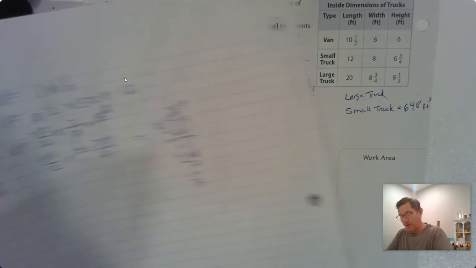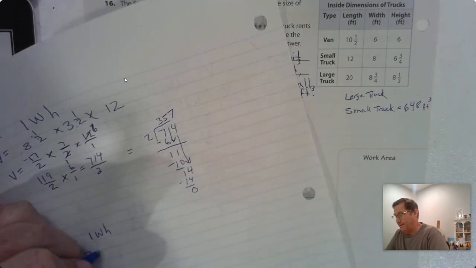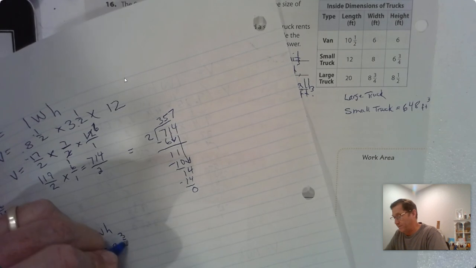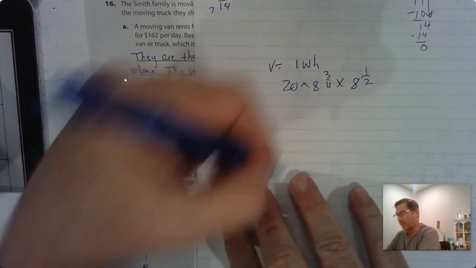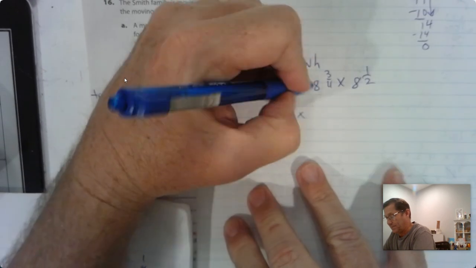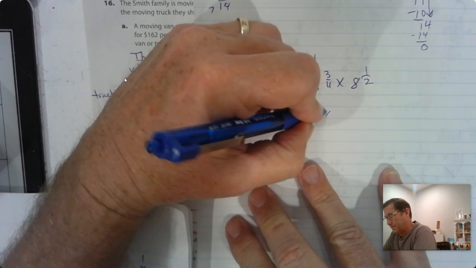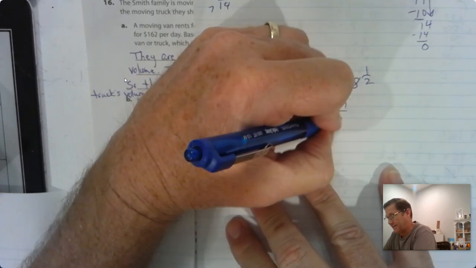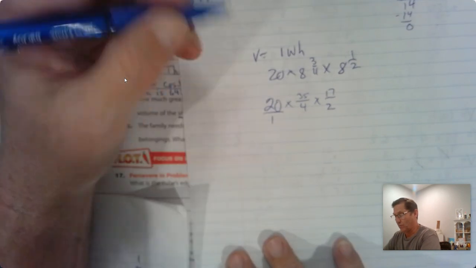Okay, so the large truck is 20 by 8 3/4 by 8 1/2. All right, so 8 3/4 is the same as 35/4, and 8 1/2 is the same as 17 halves. Okay, I can rewrite 20 as 20 over 1.